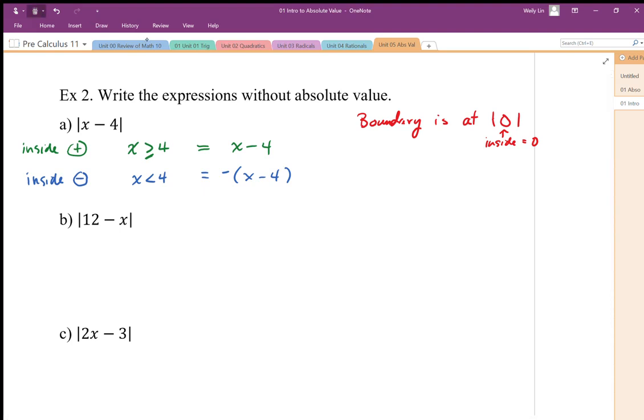I'm just going to make a note here: the negative changes it to its opposite, so it changes to positive.